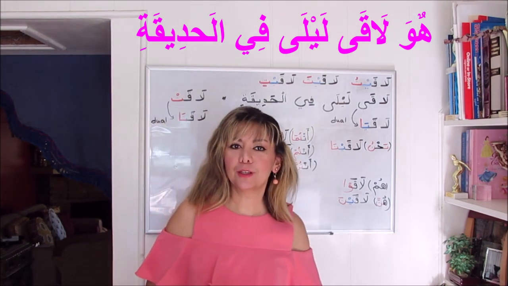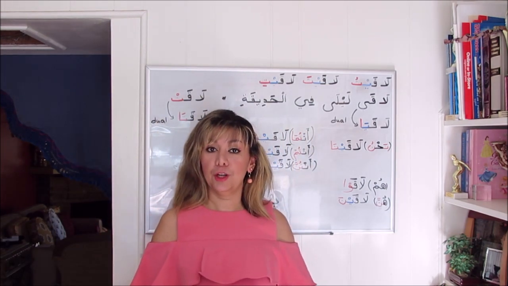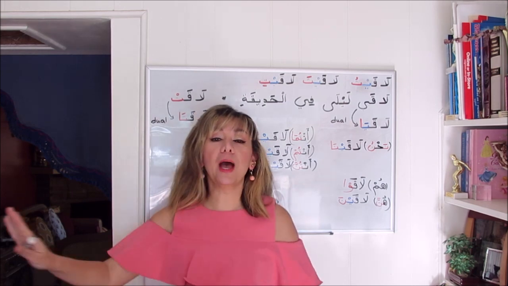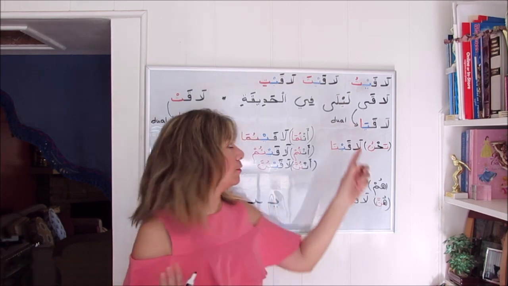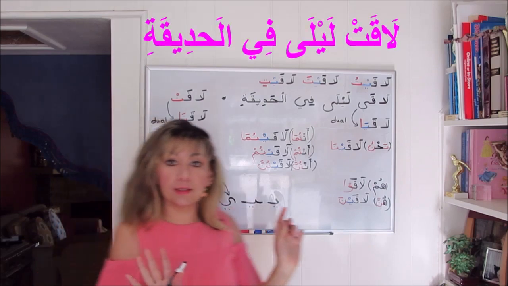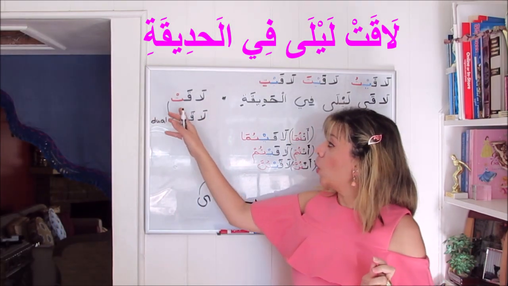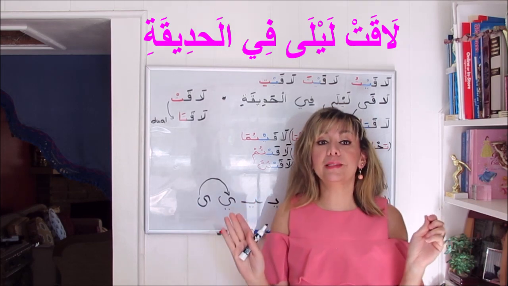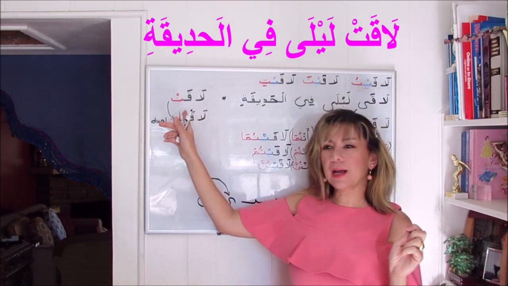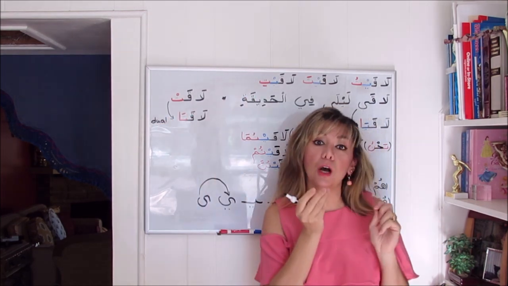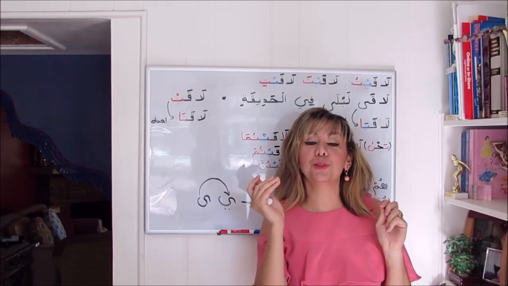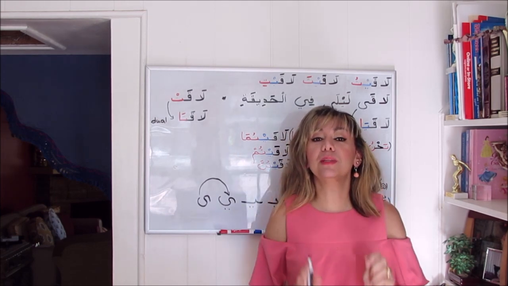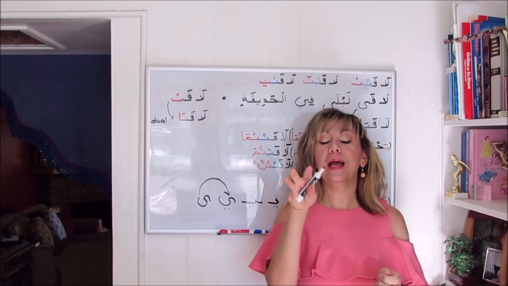What about its feminine version? With its feminine version, we have to eradicate the alif. لاقت. Only add the ta with sukun. A silent ta. Here. لاقت. So the alif is gone. See? That's why the root system doesn't rely on alif.